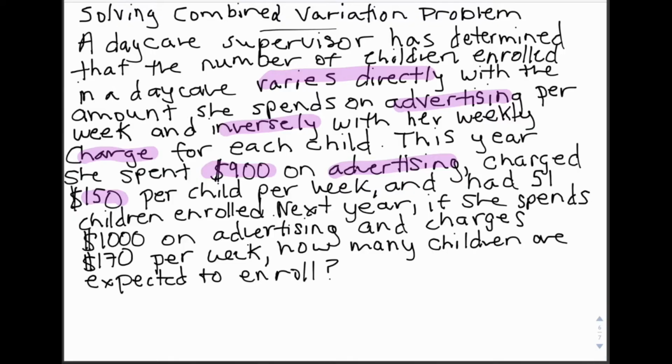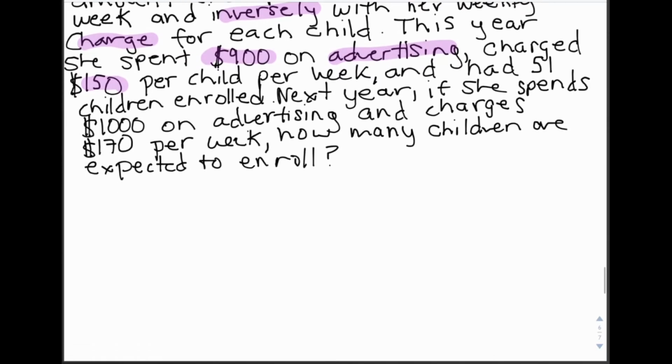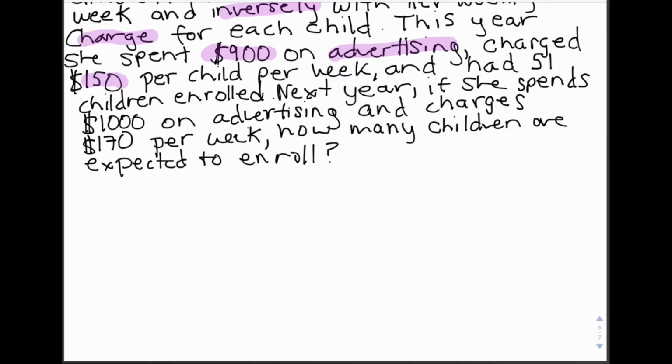Now let's go ahead and go through our steps to figure out the result for this combined variation problem. So this will give us our step number 1, which says to determine and write our general relationship of variables using our constant k. One thing we can quickly note is we know that it varies directly with the amount she spends on advertising, and additionally inversely with the weekly charges per child.